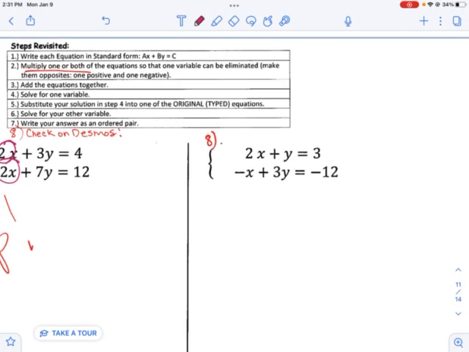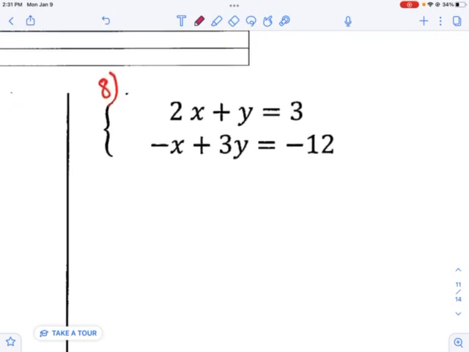And I don't have those same coefficients, but I do have positive 2x and negative x. So I already have one that's positive and one that's negative. So I can multiply the bottom equation this time by what number to get to eliminate with 2x? Well, the end result would have to be negative 2x.